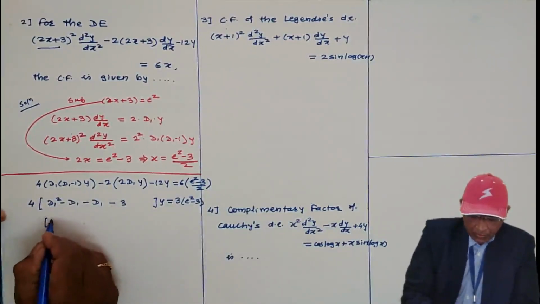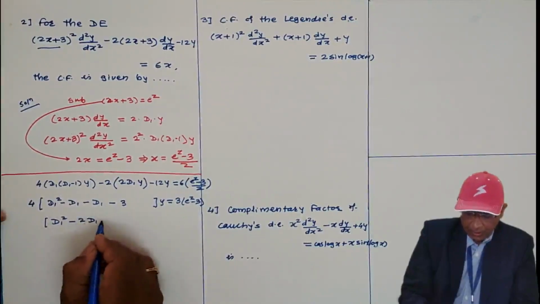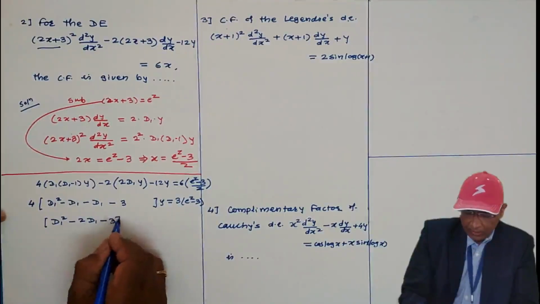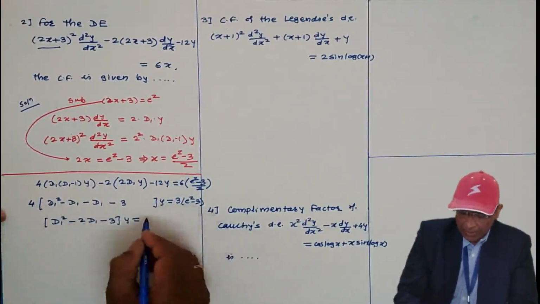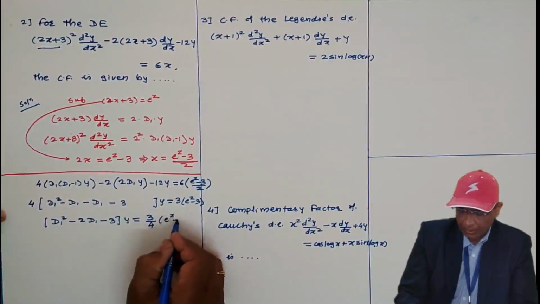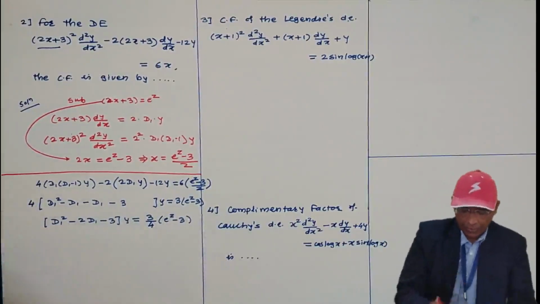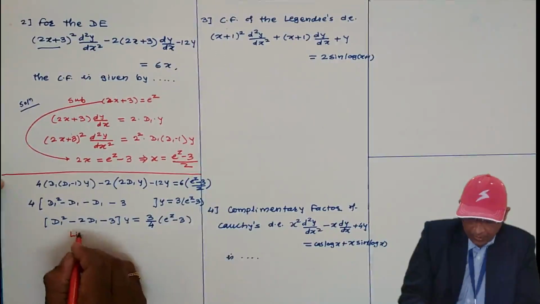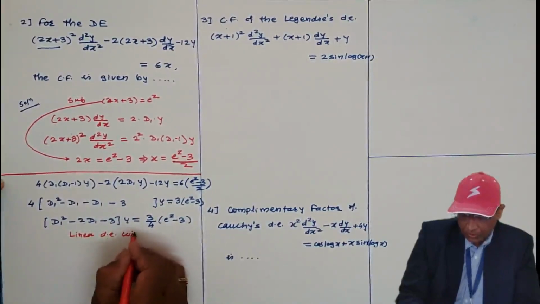Now (D1 square minus D1 minus 2 D1 minus 3) y equals, this 4 is a multiplicative constant, I am shifting it to the right hand side. It will come in the denominator in this way. So this is a linear differential equation with constant coefficients.